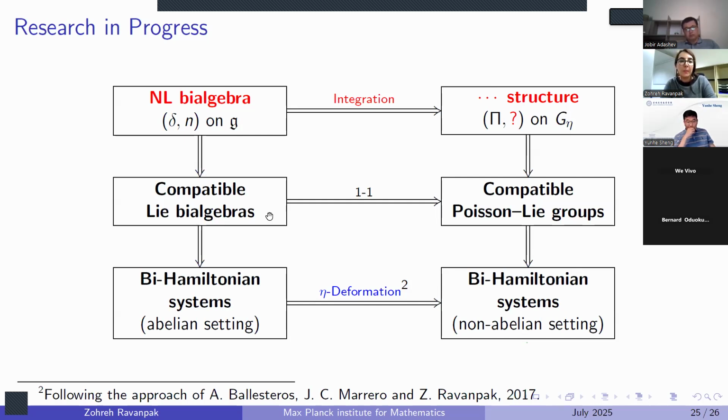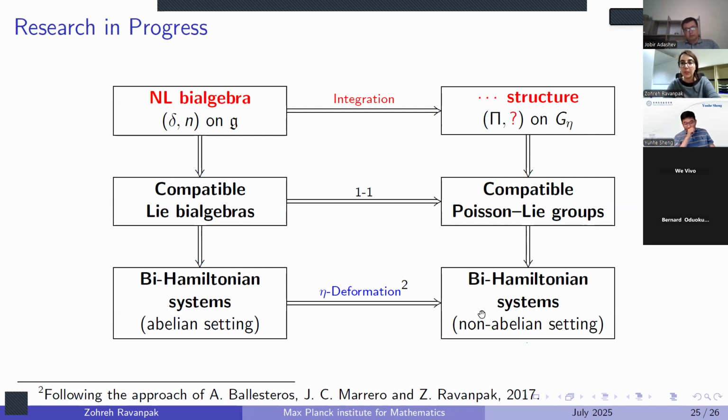So the compatible bialgebra, and this bi-Hamiltonian system is defined on this compatible Poisson Lie group, which was obtained by integration of the compatible bialgebra.